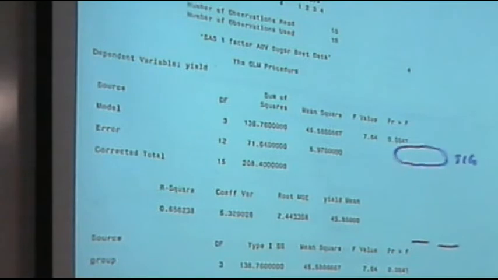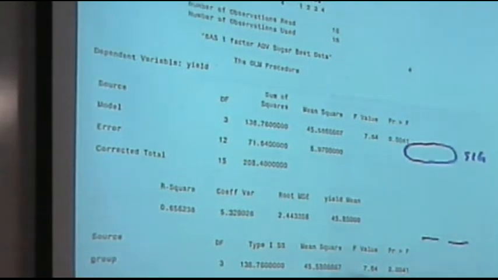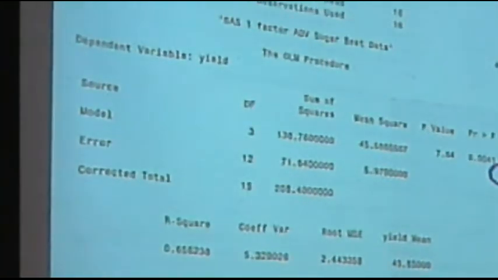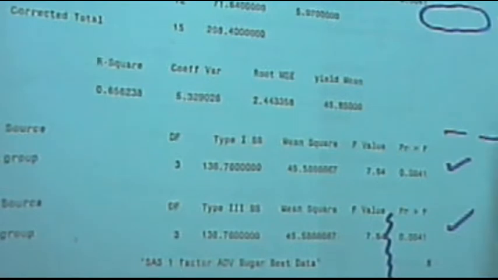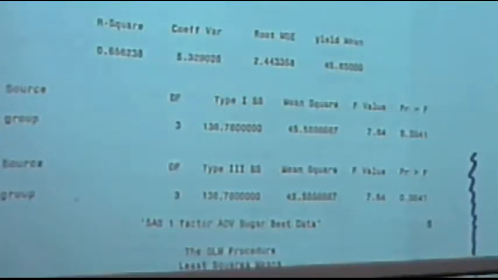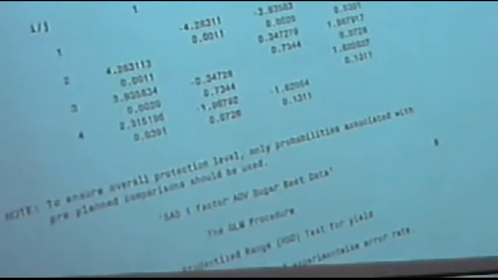The information for type 1 and type 3 sums of squares down below are identical, so nothing new happens there. But this is balanced data, of course. So then we go on and we have the least squares means procedure. So at the bottom of this page is the means.